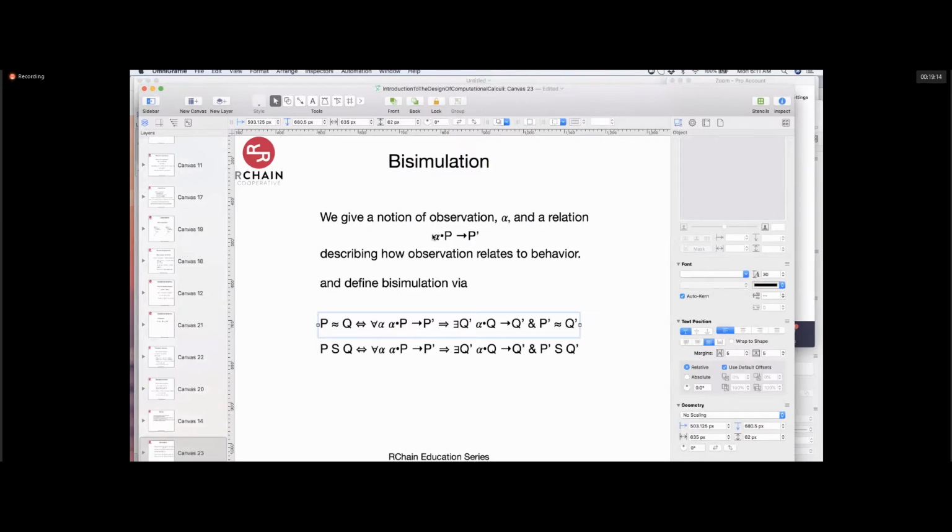And then in the work of Milner, Leifer, and Sewell, what they do is open up a whole world of connections between category theory and process calculi.